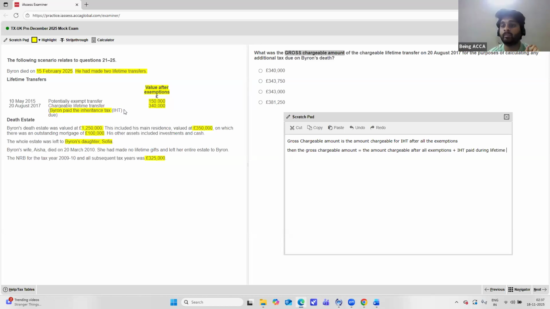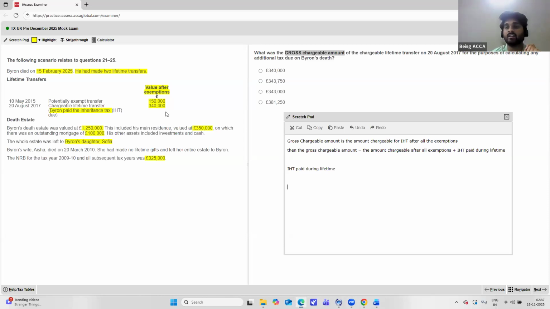Always remember, when the donor pays the inheritance tax, the gross chargeable amount becomes the amount chargeable after all exemptions plus inheritance tax paid during the lifetime. So for that reason, now we should calculate the IHT paid during lifetime.